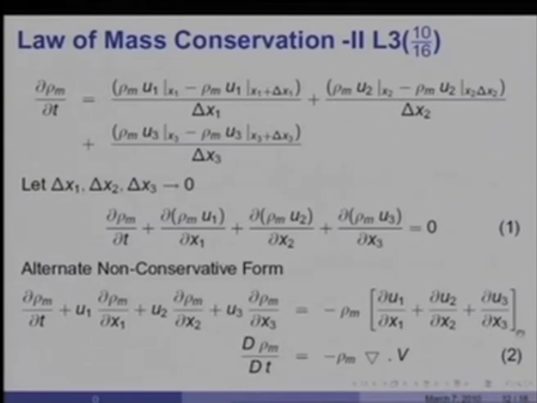This way of writing is called the non-conservative form of writing the law of conservation of mass, and you will readily recognize that this left hand side is nothing but what we call the total derivative d rho m by dt equal to minus rho m, and what is this? This is simply divergence of velocity vector v, and therefore written as del dot v. So, d rho m by dt equal to minus rho m del dot v is a non-conservative form of the law of conservation of mass.